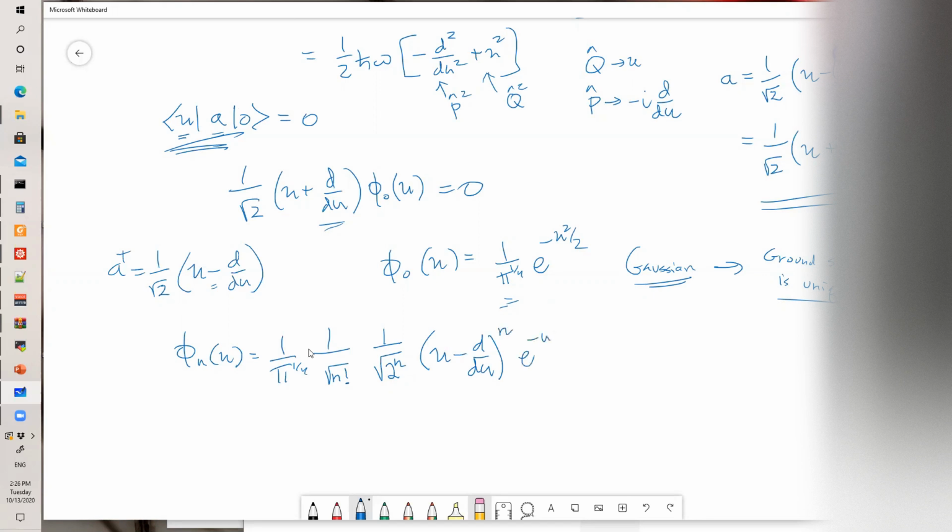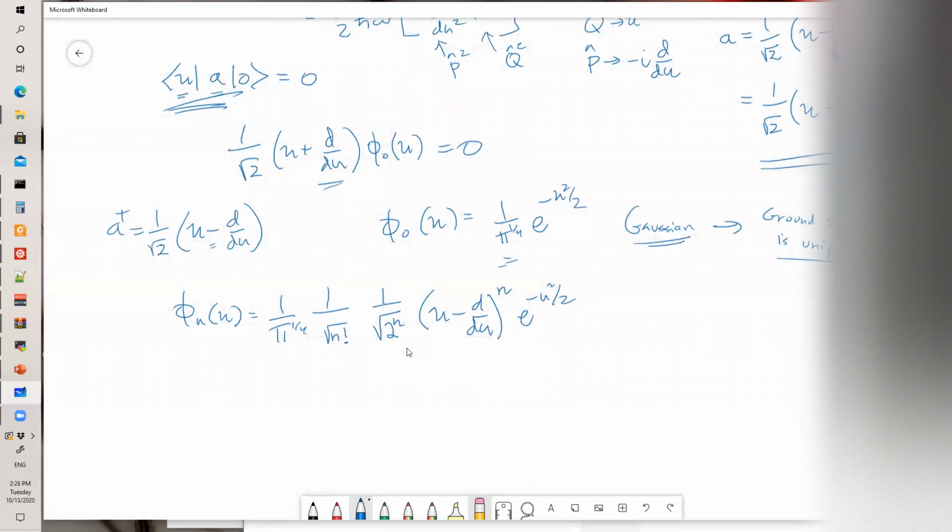This little Gaussian. You do it over and over again, and you get the higher and higher energy levels. And what you find is, because the derivative of a Gaussian is just the Gaussian again times 2u over 2, so times u, you do this over and over again, you end up getting some polynomial in u times the Gaussian again.